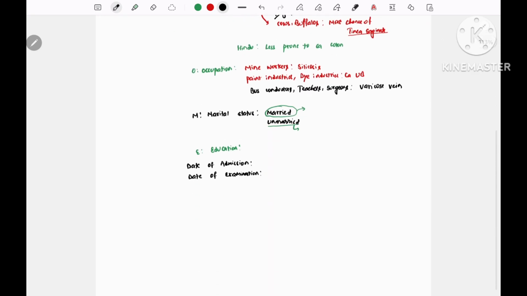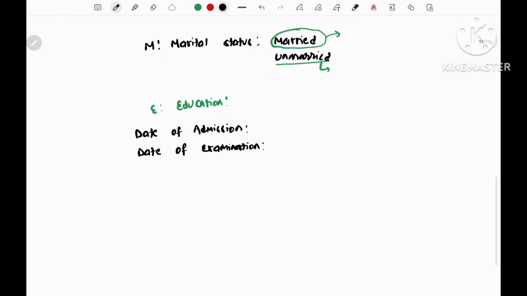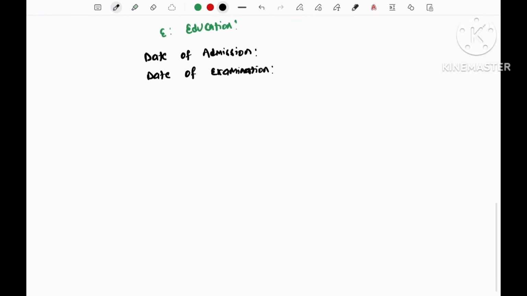While writing the history, how do we write the present particulars? For example, if the patient is 40 years female, her name is Sita Kumari.